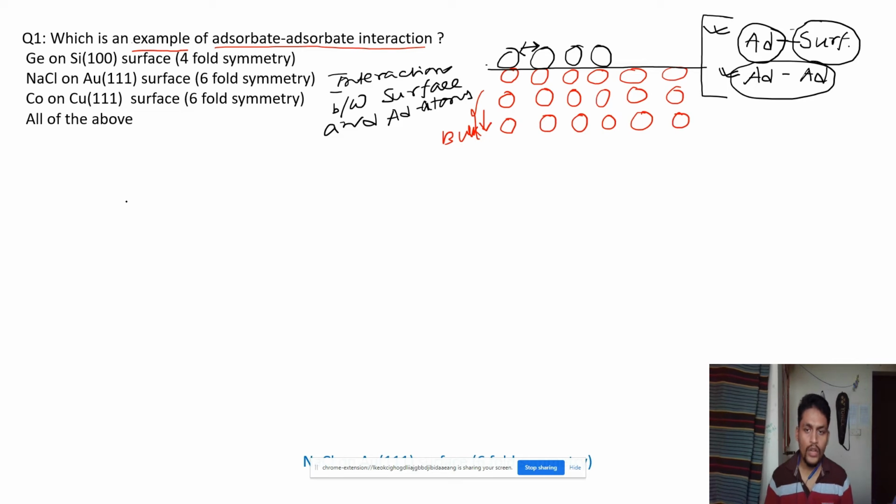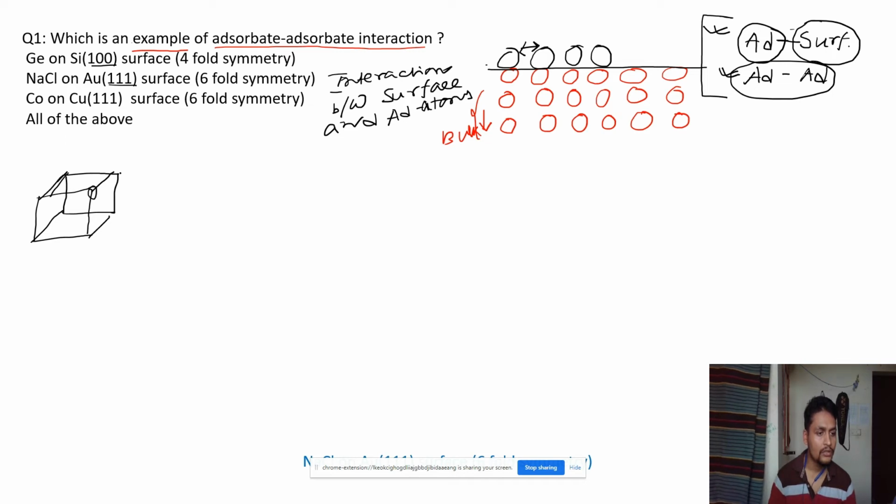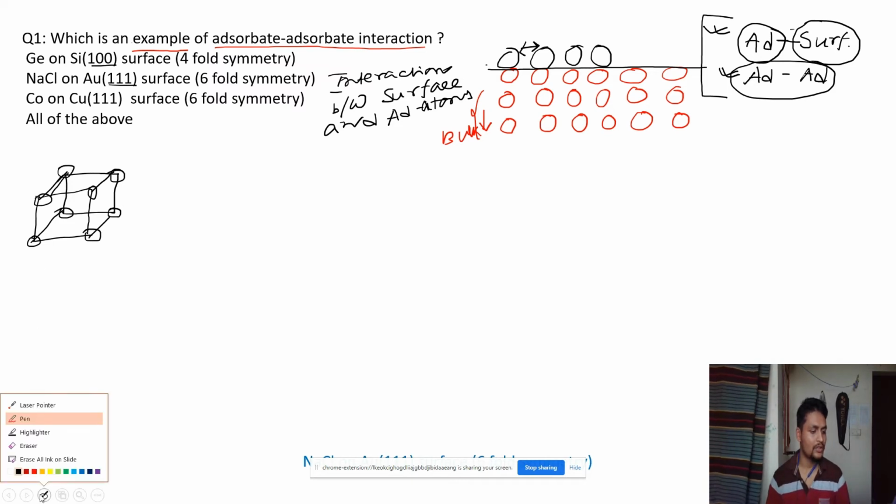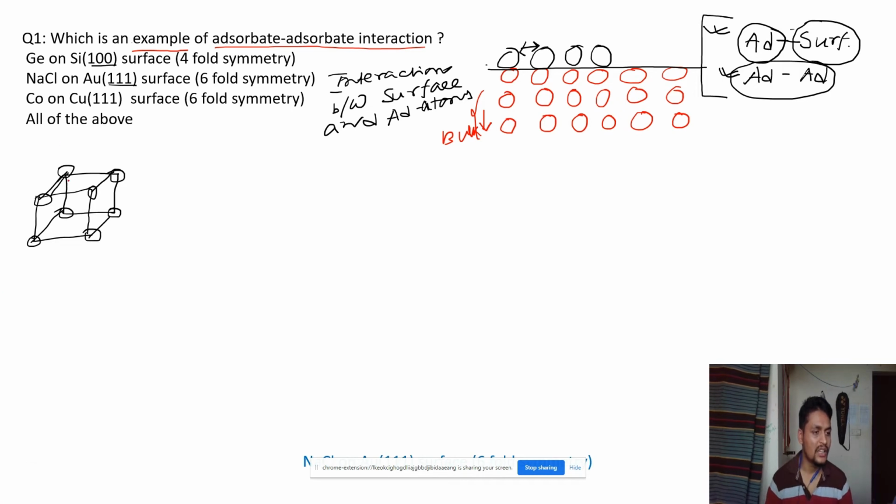We have already seen any surface. Let's say 100 and 111 are given. Let's try to draw those two surfaces. From a crystal we take out one plane, and that will be my surface. Let's say this is the crystal and this is FCC 100. Obviously there will be atoms like this, and the face centered atom I'm drawing in a different color.